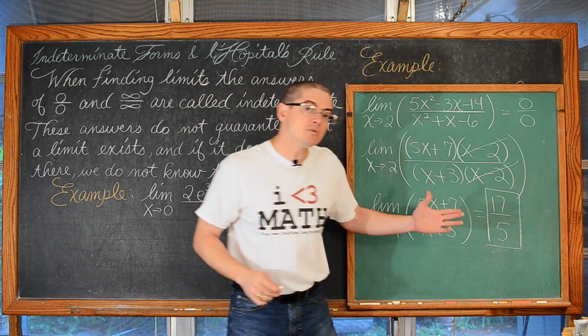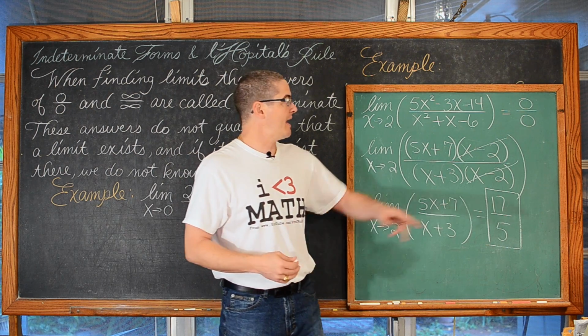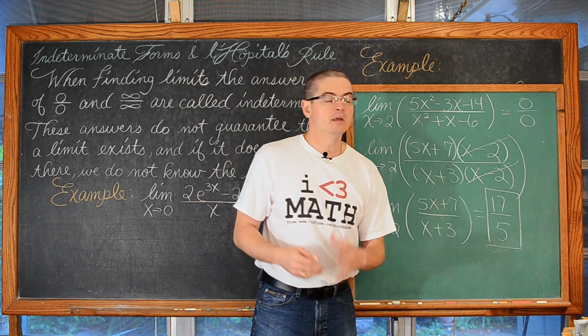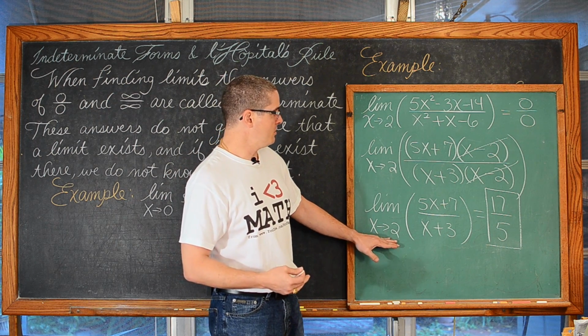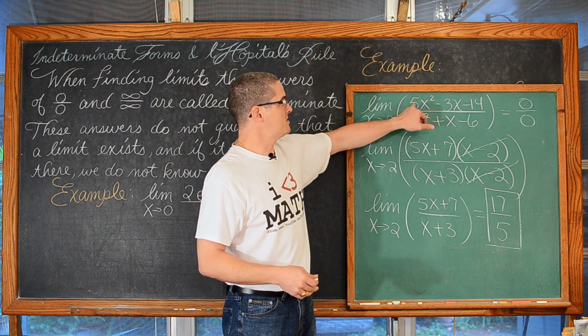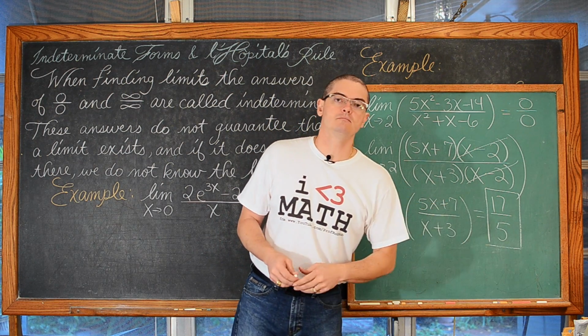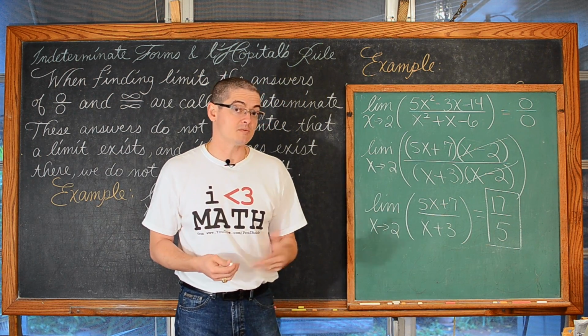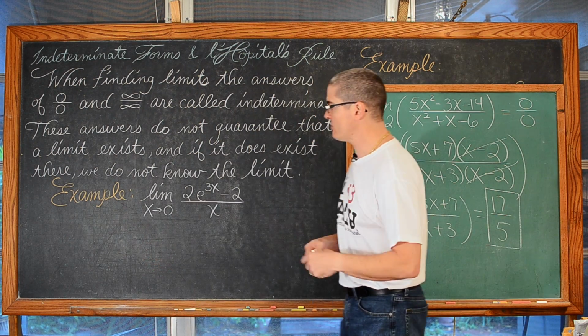So we were able to algebraically manipulate this expression so that we can get it out of the indeterminate form and find out what the limit is. So as x approaches 2, the limit of this rational function is 17 over 5, or there would be a hole in this particular case at 2, 17 over 5.